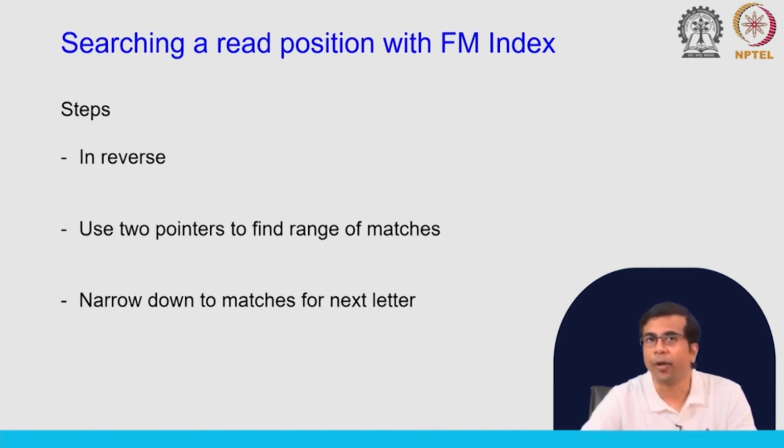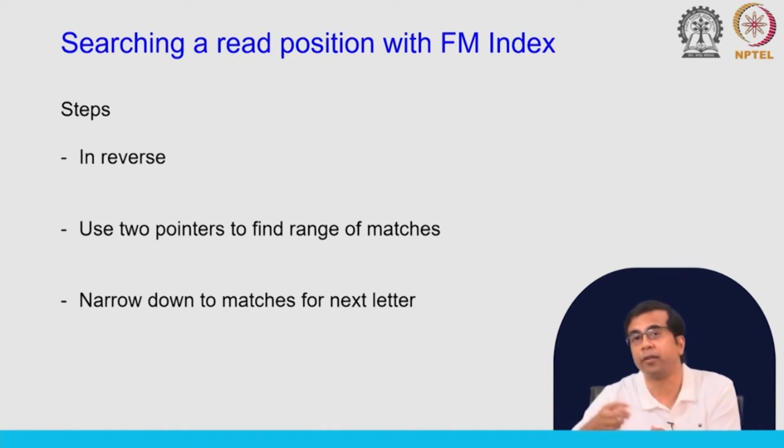Then we use 2 pointers to find the range of matches. We will show them by arrows in the next example. These 2 pointers narrow down the range where the match might occur. When you start, they cover the full matrix, and as you go along they narrow down to certain choices based on the matches with the letters in the read.